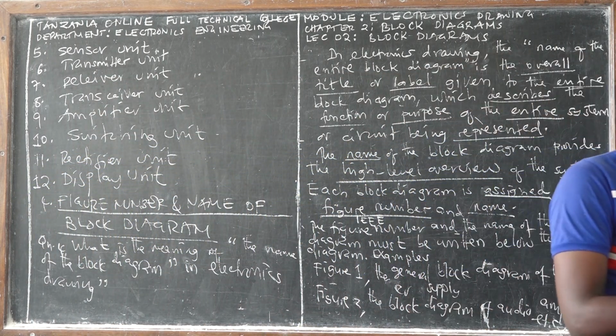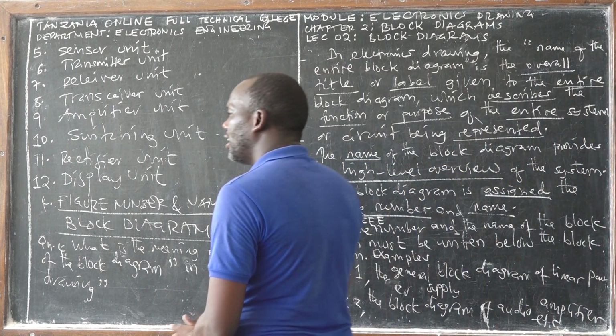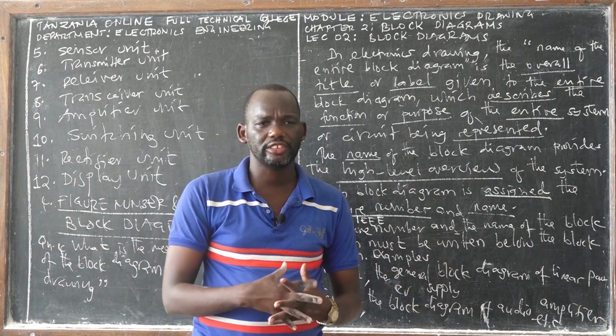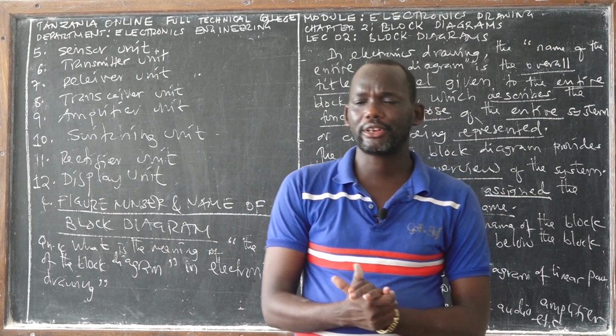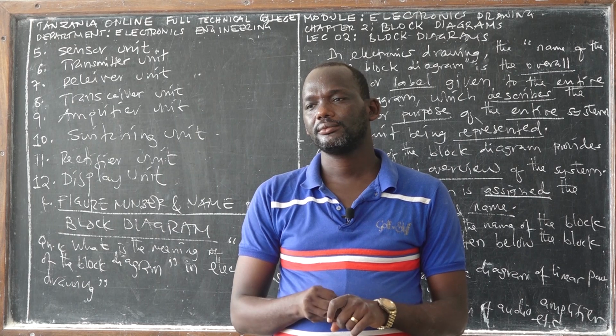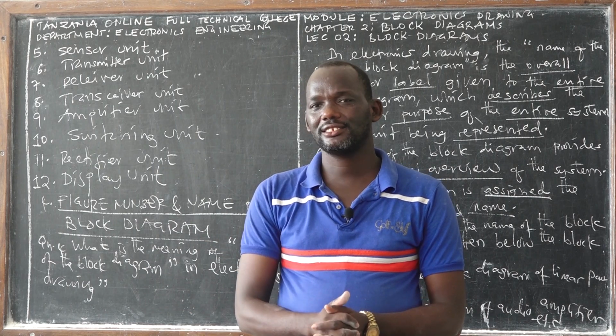Otherwise, you'll go to Google images, copy and paste, that is, copy and paste for the sake of the marks, not for the sake of understanding. Students, is the concept clear? A question about the 3 parts of the block diagram. If there's a question, please ask.